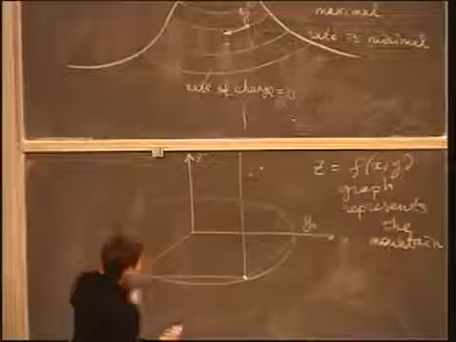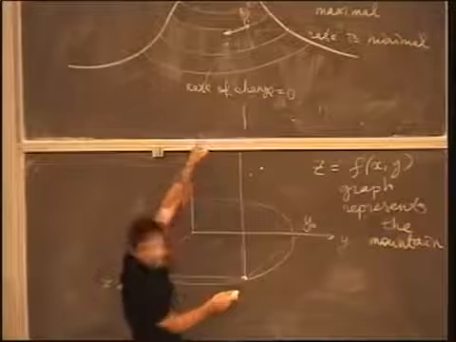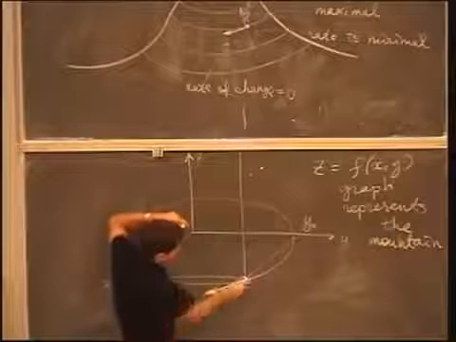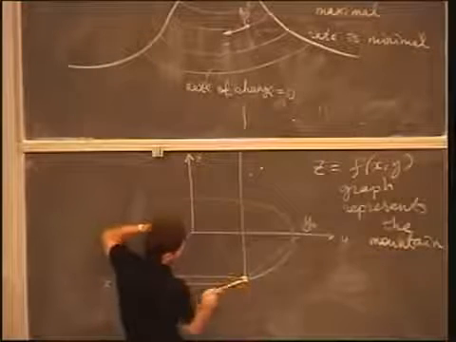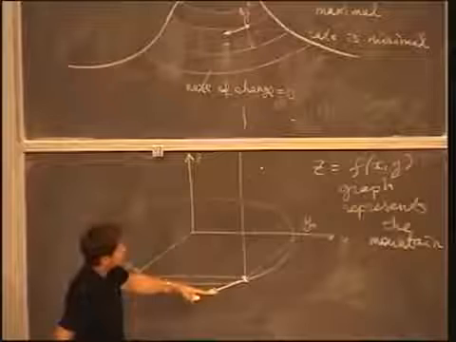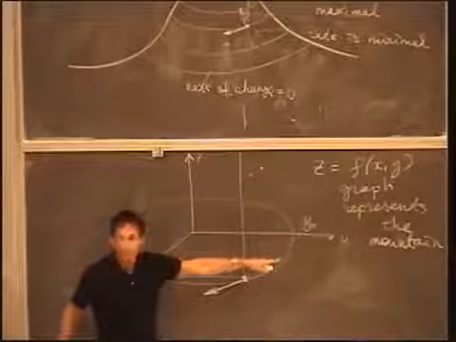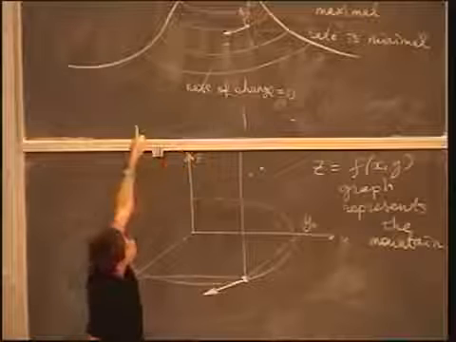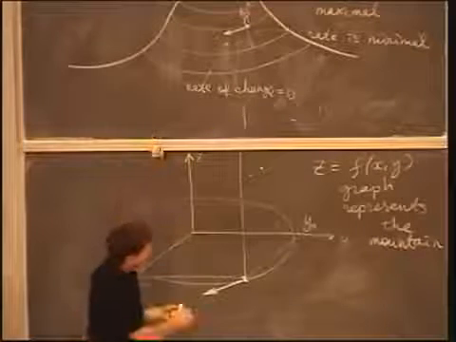So then the directions which we have talked about here are the following. This one goes parallel to the level curve. That's the direction in the xy plane which would correspond to the movement on the mountain parallel to the level curve.